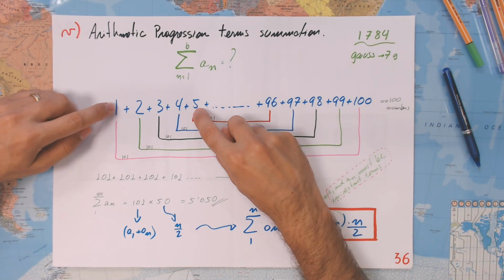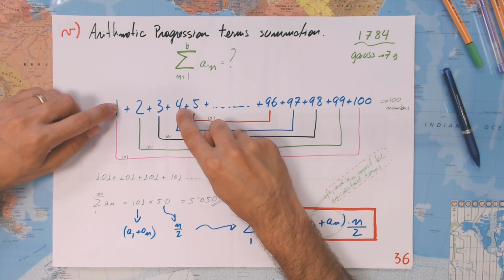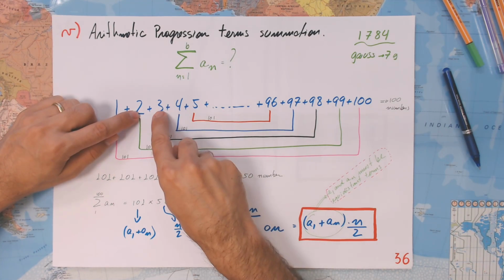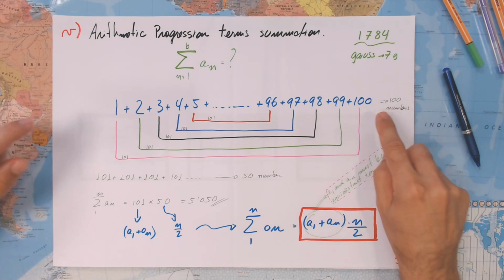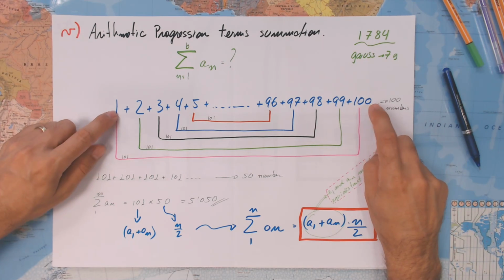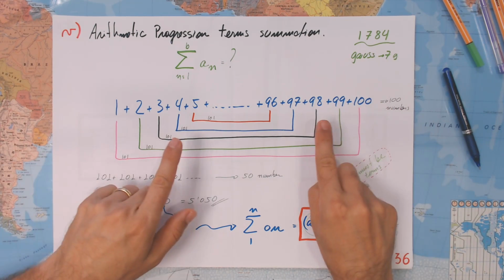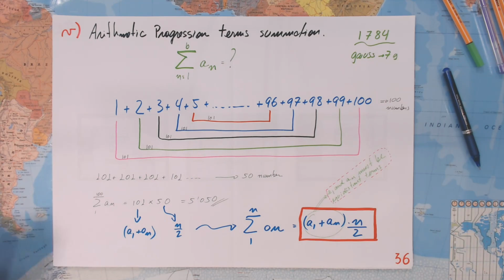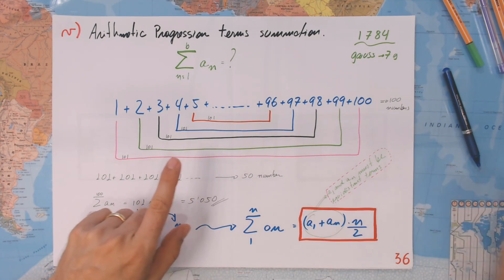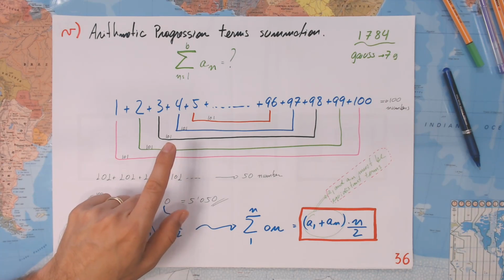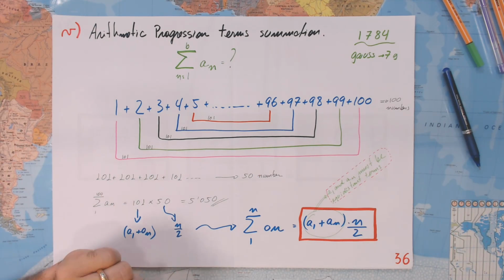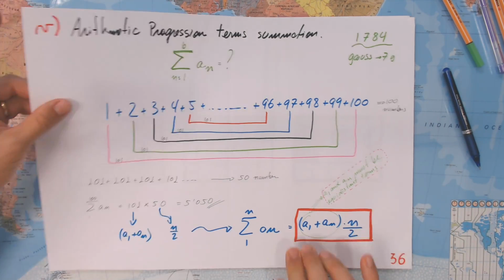Because it is 5 plus 1 equals 4 plus 2 equals 3 plus 3. In here it's going to be 1 and 101, and right at the center it is going to be 50 with 51.